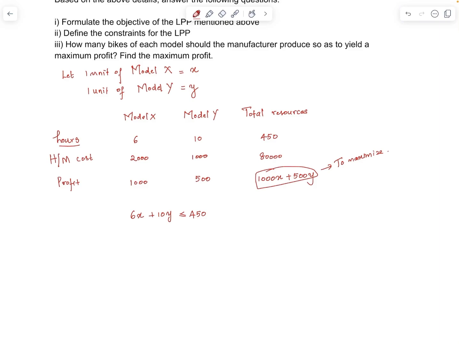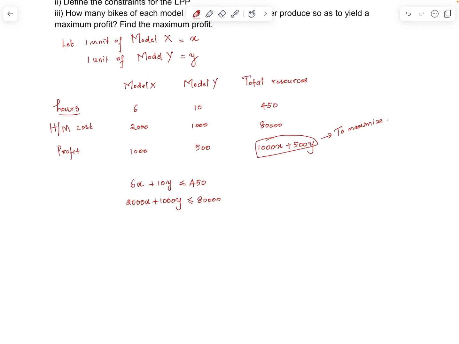Second one, based on the handling and marketing cost: 2000x plus 1000y cannot exceed 80,000 because 80,000 is the fund available for handling and marketing cost. The other two are x greater than or equal to 0, y greater than or equal to 0.